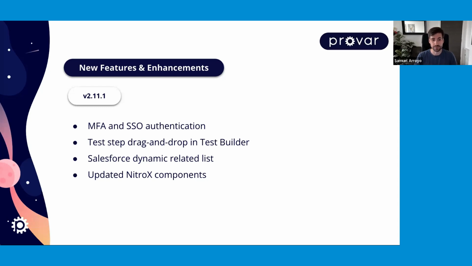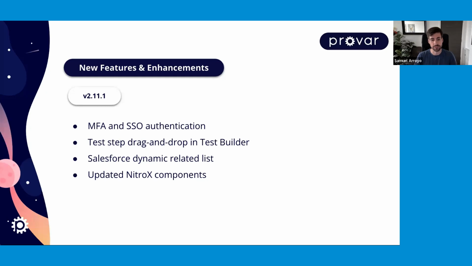We've also added support for dynamic related lists. This was introduced a long time ago, and now admins are starting to use this component on their pages. Therefore, we need to support it, and you will find that we have built-in support for that right now.